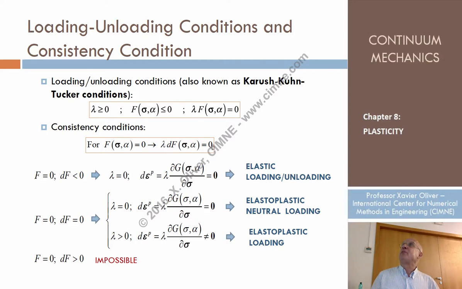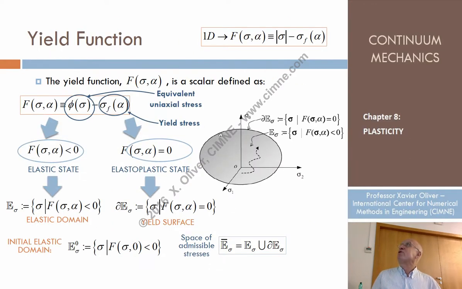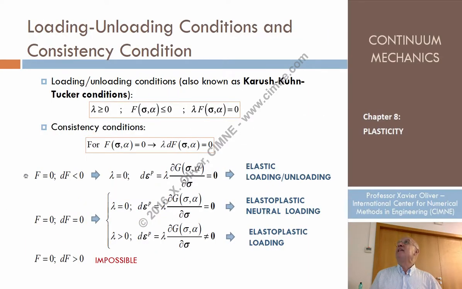If the product has to be equal to 0, and this is different from 0, then lambda is equal to 0. Okay? So if lambda is equal to 0, the generated plastic strain, the increment of plastic strain, which is defined through that equation, is 0 too. So in this situation, the point was just at the boundary, it moves towards the interior, and the conclusion of that equation is that there is no generation of plastic strain.